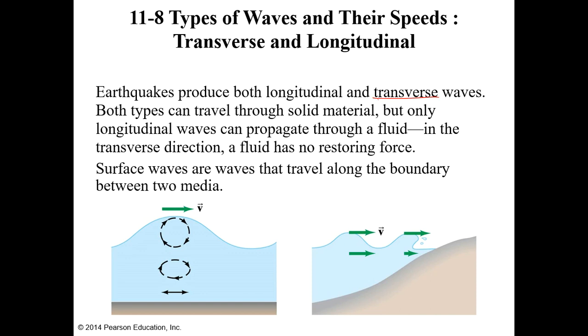But definitely the more destructive are the longitudinal waves in an earthquake. Why? Remember that longitudinal waves are compressions and expansions. Can you imagine compressing and expanding the foundation to your home? That would cause some very, very serious damage.